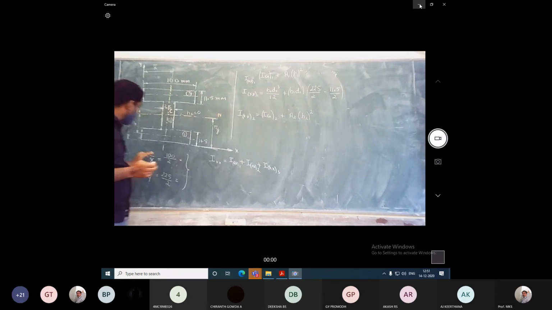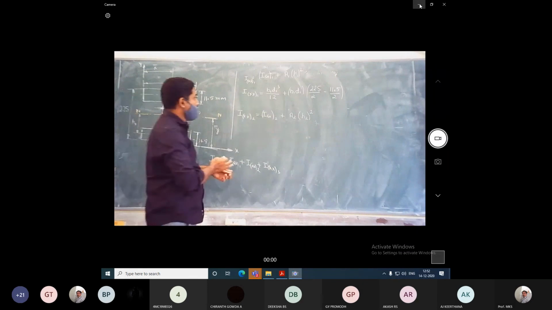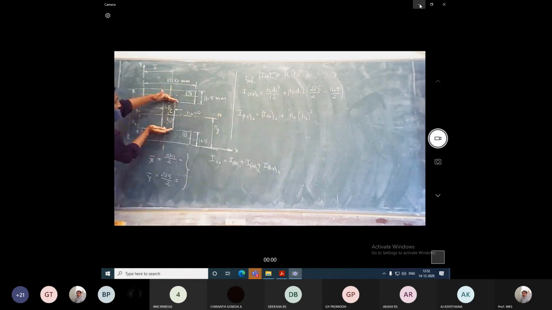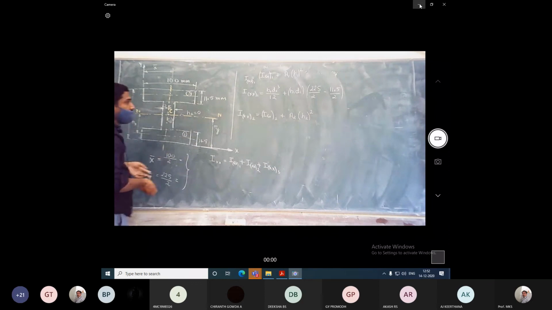To calculate x bar, y bar is different with respect to an unsymmetrical section. That we will tell in the next. So here, Ig2 is the moment of inertia for this particular rectangular section. Its width is 7.5, and its depth is 225 minus 23.